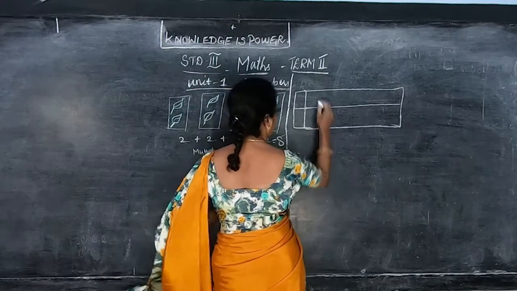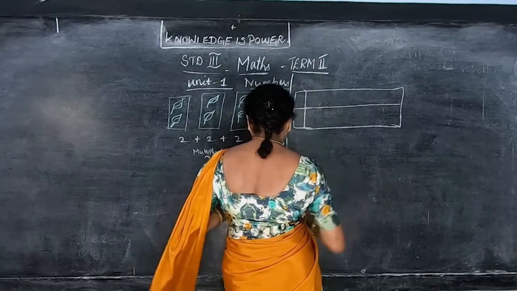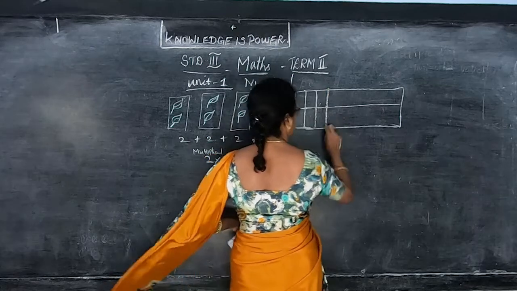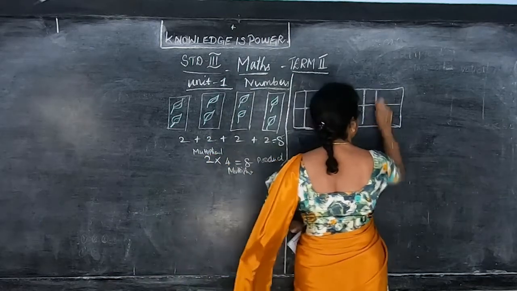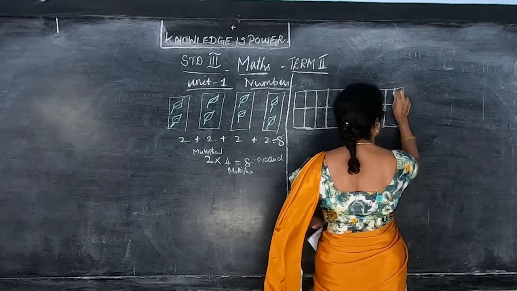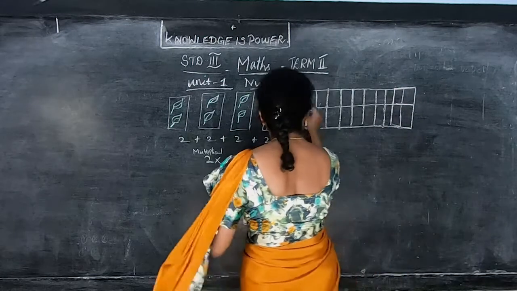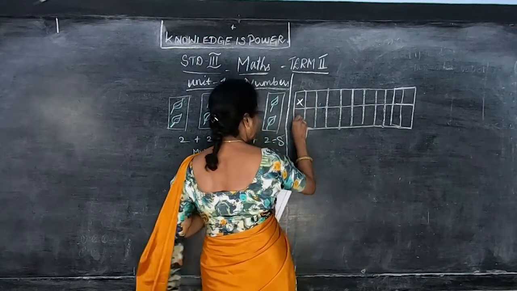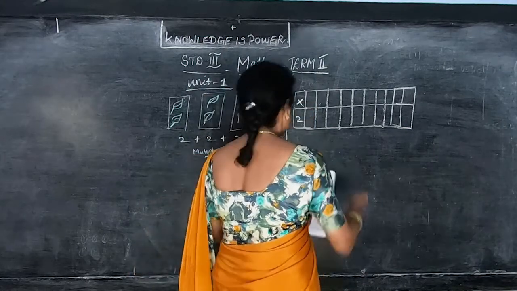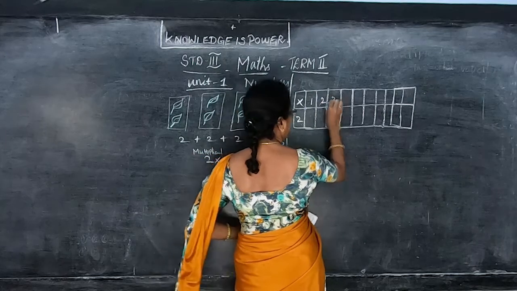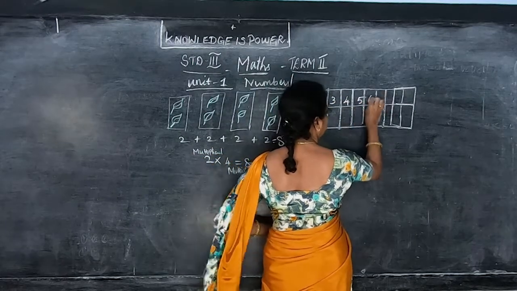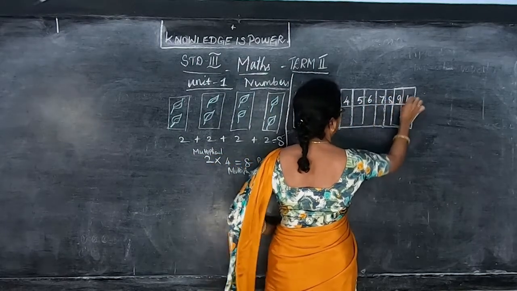So here you can put 11 lines, 2, 3, 4, 5, 6, 7, 8, 9, 10 and 11. Okay. So here they are given 2, and you have to write 1, 2, 3, 4, 5, 6, 7, 8, 9 and 10.